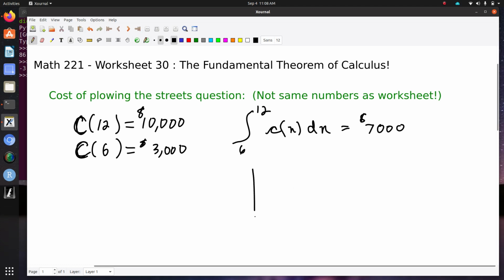And so this function is going to look something like this. It's going to be increasing. The derivative is going to be positive, but the second derivative is also positive because it's getting increasingly harder to remove more snow. Now you might be in a city where it's the opposite. It might be that once you call out more laborers, the incremental cost to remove more snow is less.